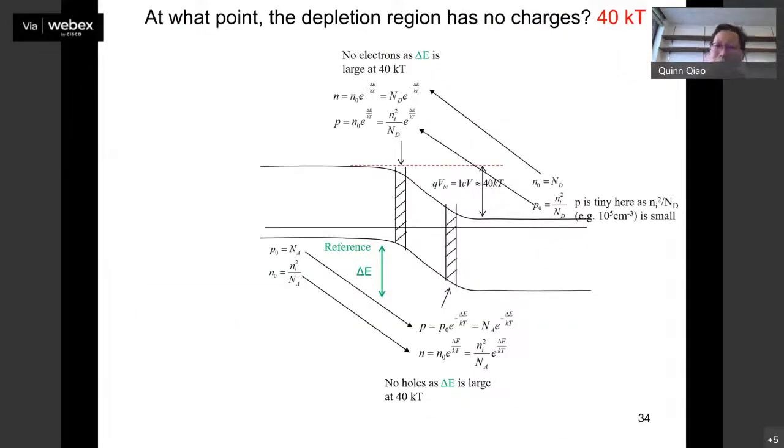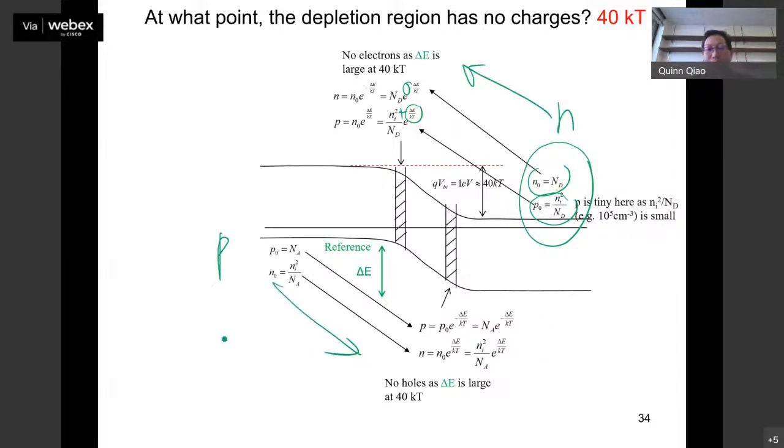Start from here, now it gets negative, reduced. If you start from the hole here, it's positive, increased. You can do the same thing on this side. Here we talk about N to P, here we talk about P to N. It's the same.